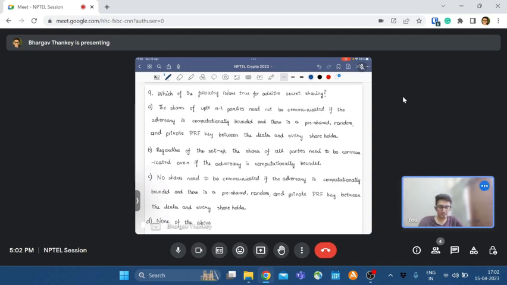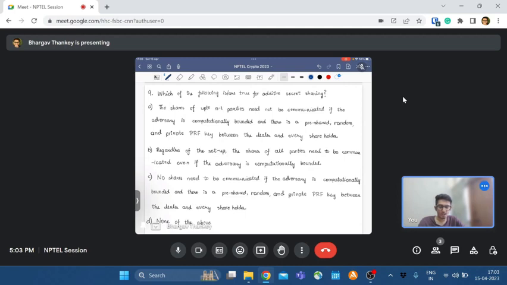Option A is the shares of up to n minus 1 parties need not be communicated if the adversary is computationally bounded and there is a pre-shared random and private PRF key between the dealer and every shareholder.